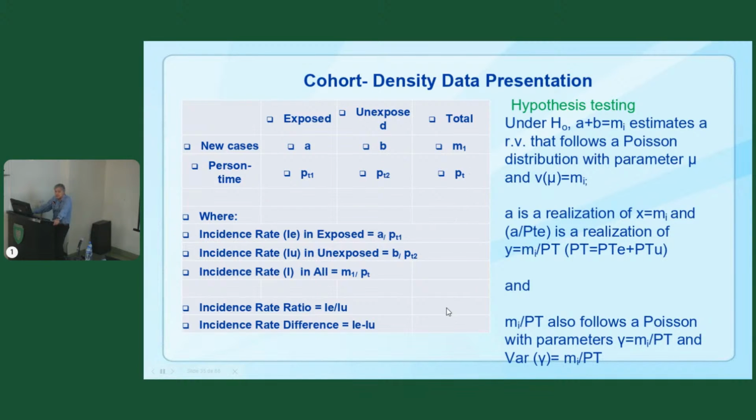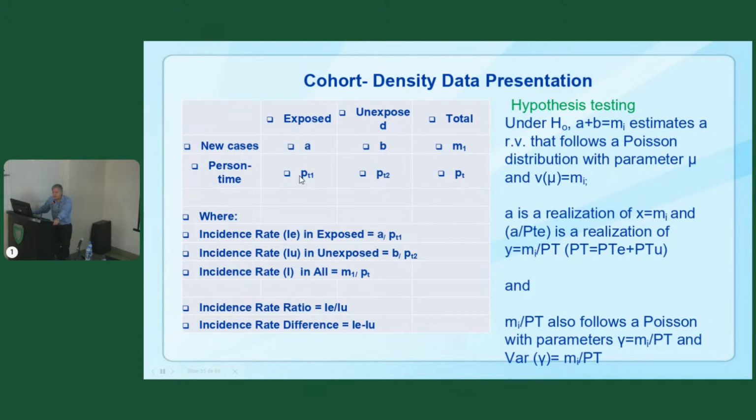That's the average incidence rate for both exposed and unexposed. If there's no association between exposure and the outcome, A over PT1 and B over PT2 are going to be identical to M1 over PT. And PT is the summation of PT1 and PT2. So PT1 plus PT2 is total PT. A plus B is M1. So M1 divided by PT is the average rate for everybody. I'm saying, hey, there is a gradient here.